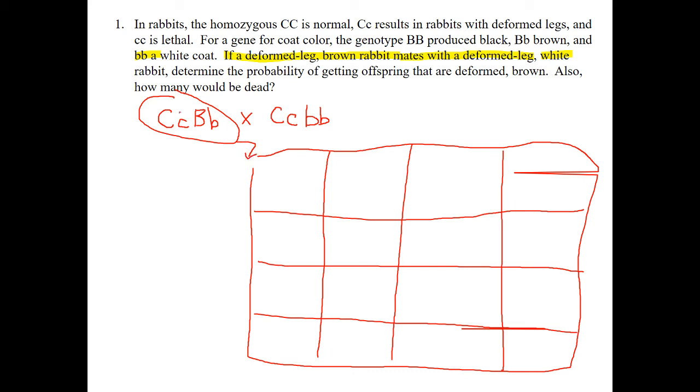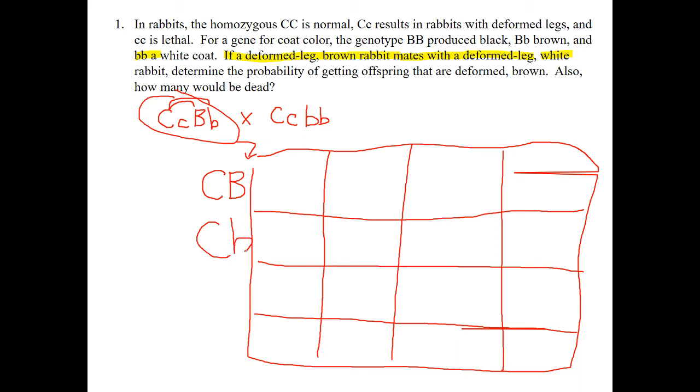So the thing is, this allele can segregate into the same gamete with this allele or this allele. So in this case, I'll have a big C and a big B, right? Because remember, each gamete only gets one of the two alleles in each characteristic. So then, or this big C with this small b.